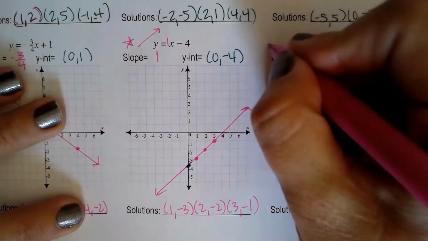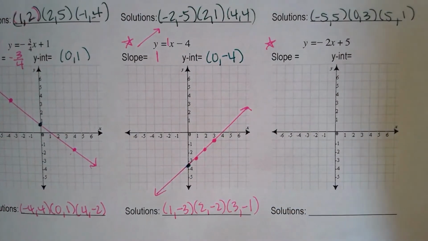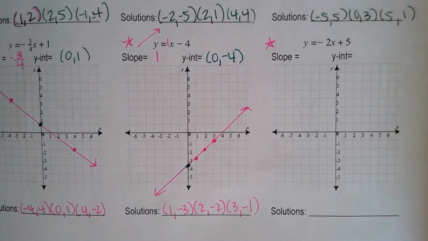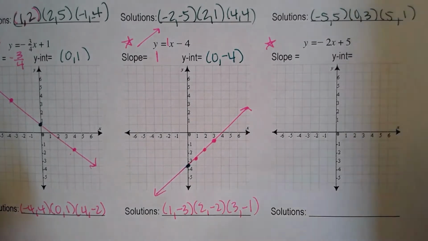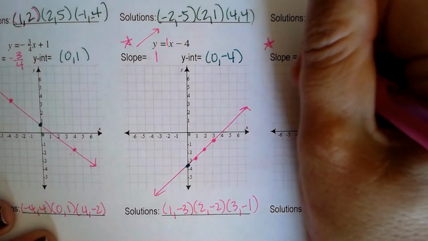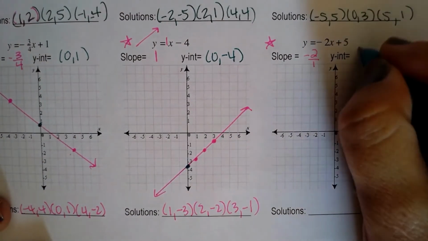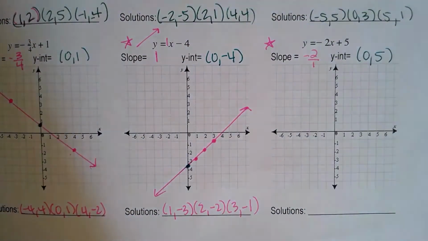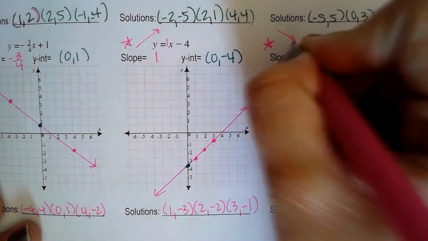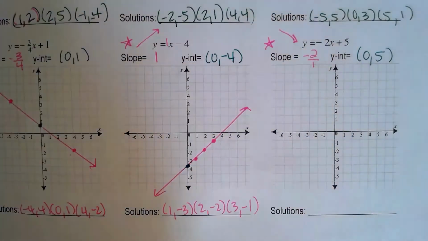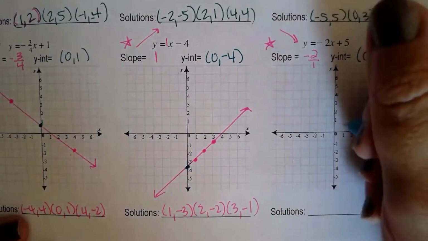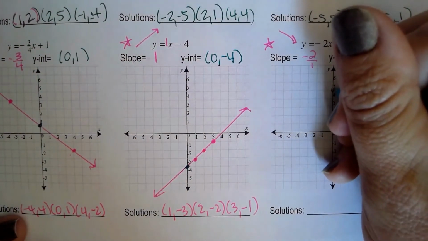And then you guys can try that third one. Okay, so my slope is -2 or -2 over 1. Y-intercept is at 0, 5, and since the slope is negative, it should be decreasing. So started at 0, 5, 1, 2, 3, 4, 5.